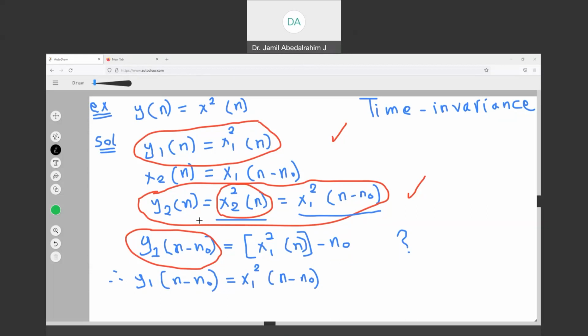So we can conclude that the second equation, y2 of n, is exactly the same as the first equation if we do shifting by n naught. Look here, x1 to the power of 2 of n minus n naught, and here the same, x1 to the power of 2 of n minus n naught.